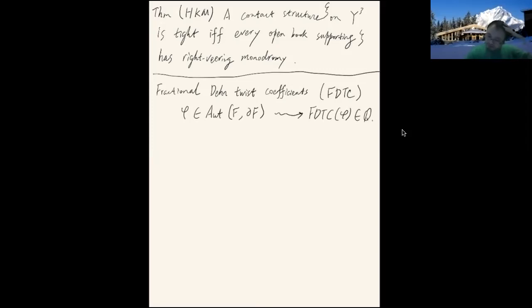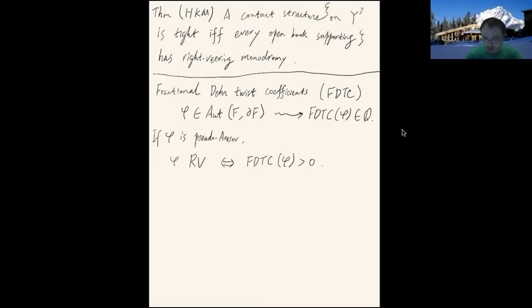At least for pseudo-Anosov maps, if phi is pseudo-Anosov, then phi is right-veering if and only if the FDTC of phi is positive.